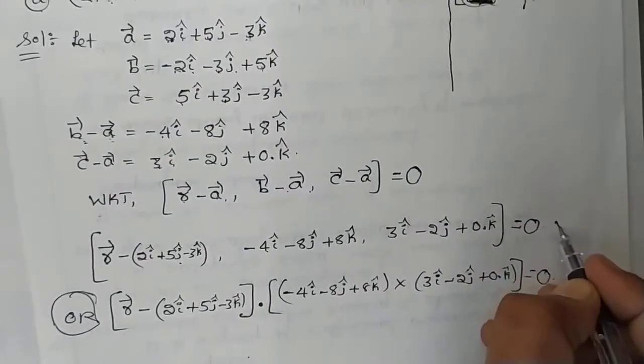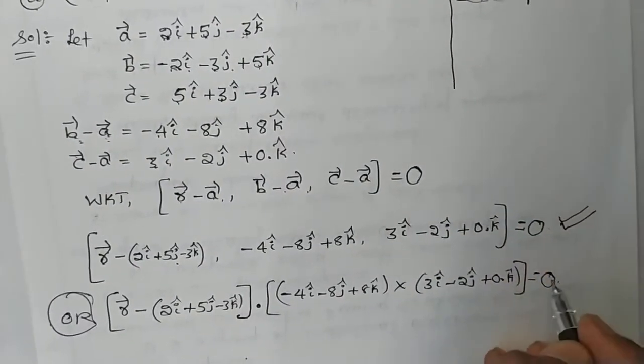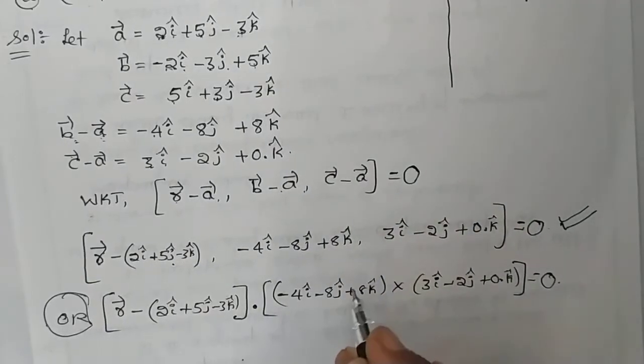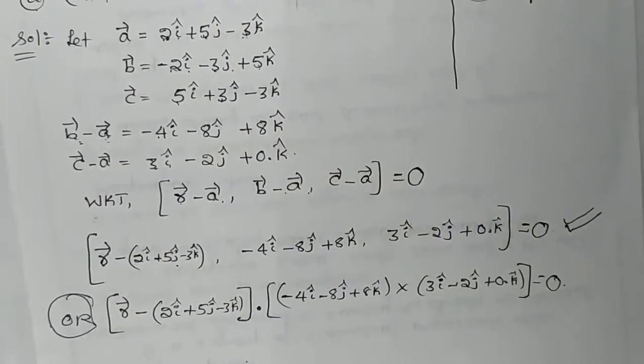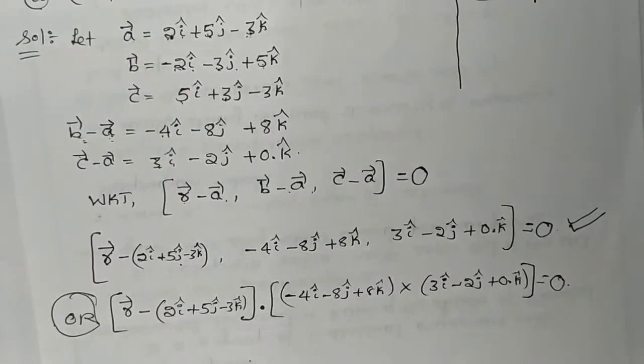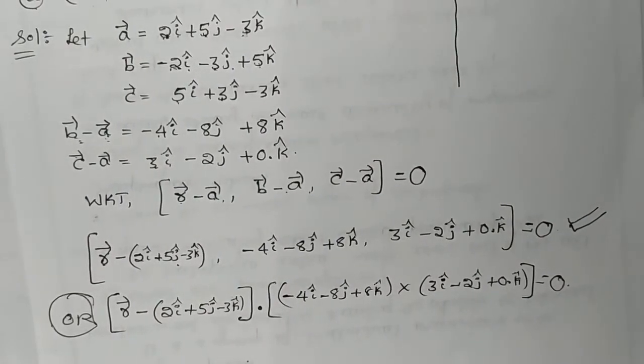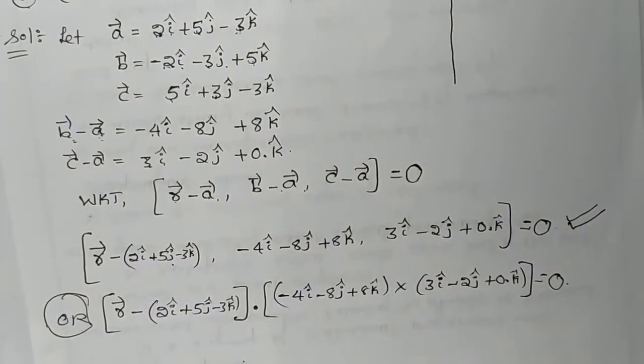If you want to stop here itself, you can stop. If you want to write, you can write this step also. Hence it is the vector equation of a plane passing through 3 points.